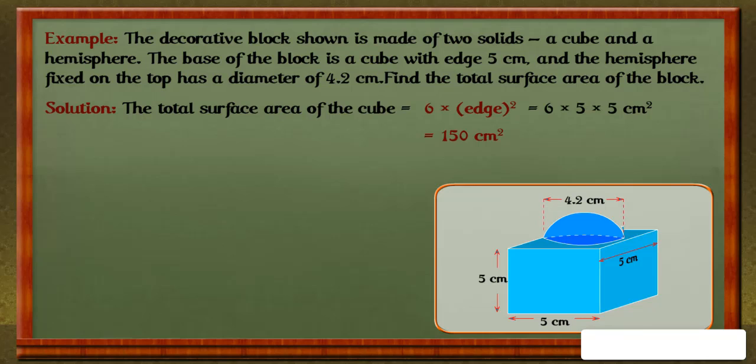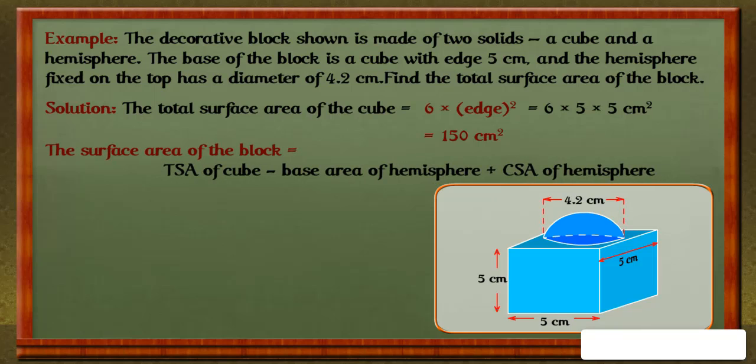Here, the part of the cube where hemisphere is attached is not included in the surface area.